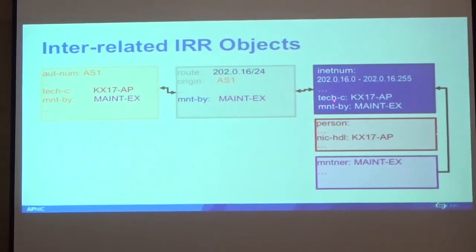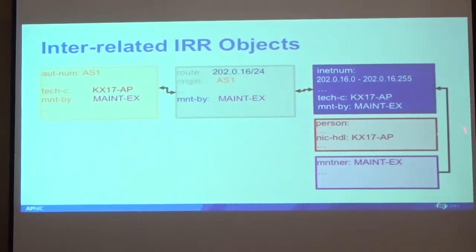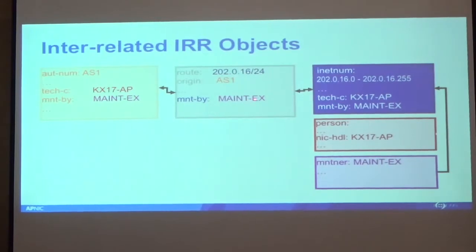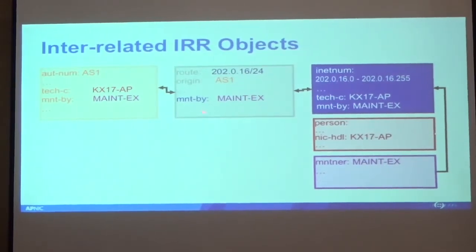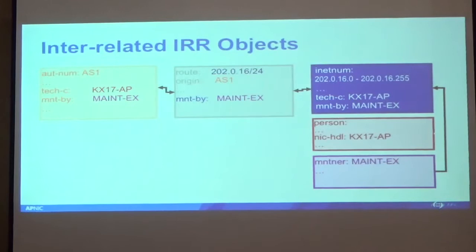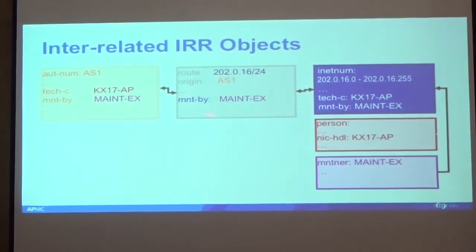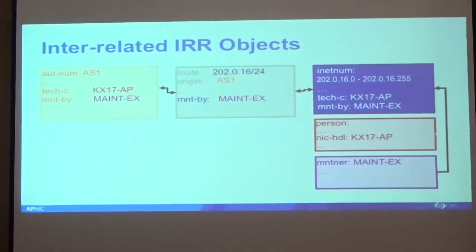And you have mnt-by, mnt-routes, mnt-lower, so you reference the maintainer. Now you have here as well a route object. This route object should point back into your inetnum object. Remember, you can only create routes for objects with the mnt-routes that are the same in your route object and your inetnum or inet6num objects.